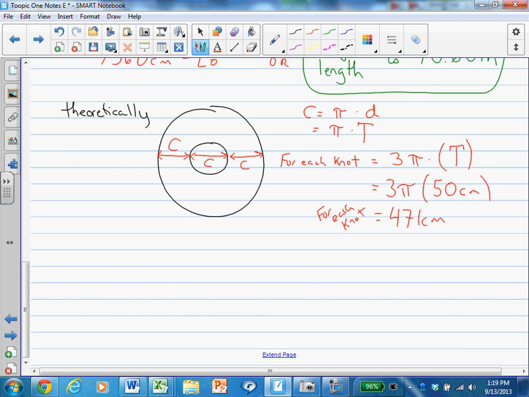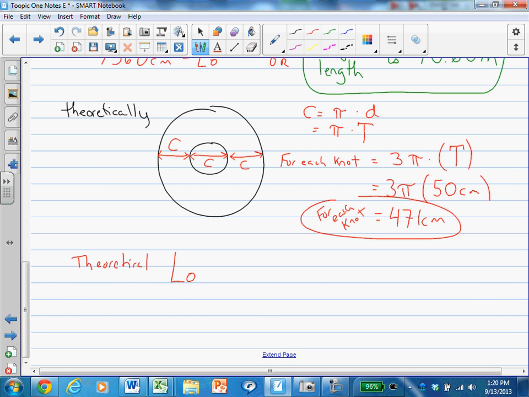Okay? So it was really this. So if we look at that, for a 60 meter length rope that we want with the 4 knots, 60 plus 4 knots times 4.71 meters would give us the rope length, the L0 theoretically, because each knot is going to take this much length out, right?